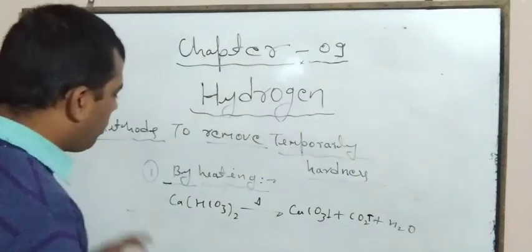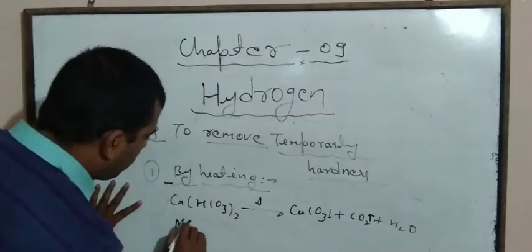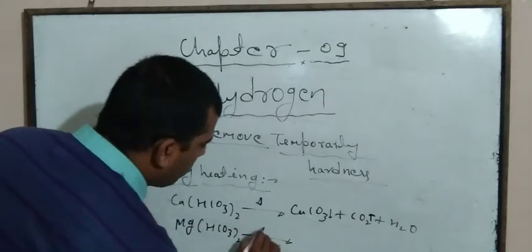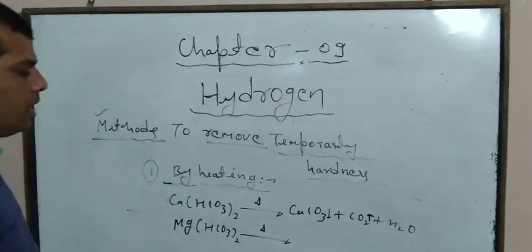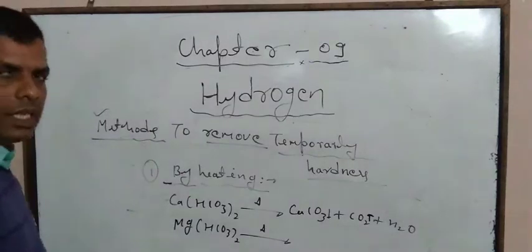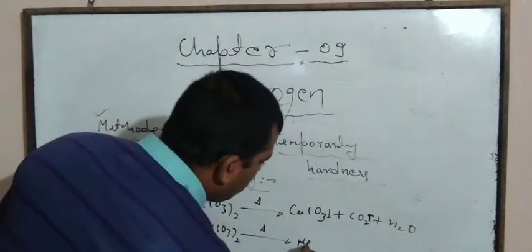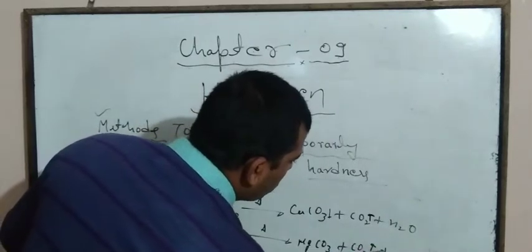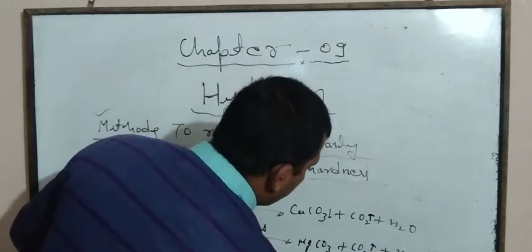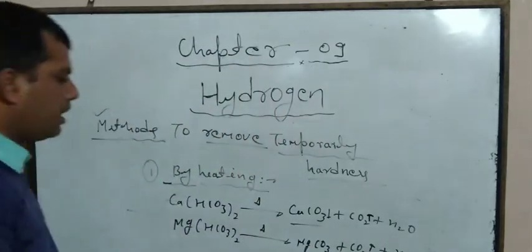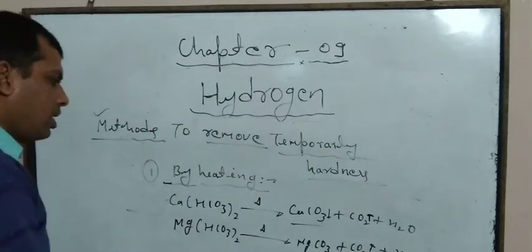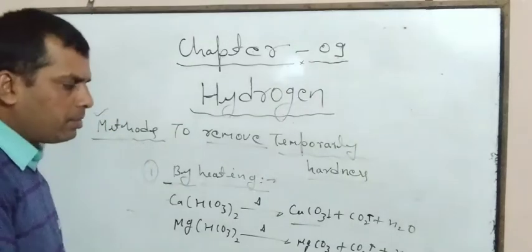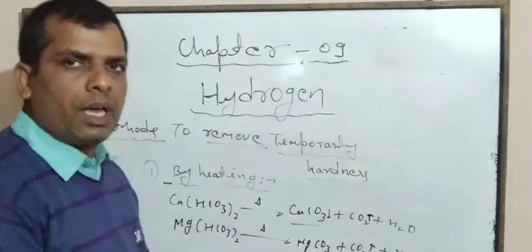It is released from the container, and in this way the hardness of water is removed. Now second, if magnesium bicarbonate, Mg(HCO3)2, is heated, then it forms MgCO3 plus CO2 plus H2O.